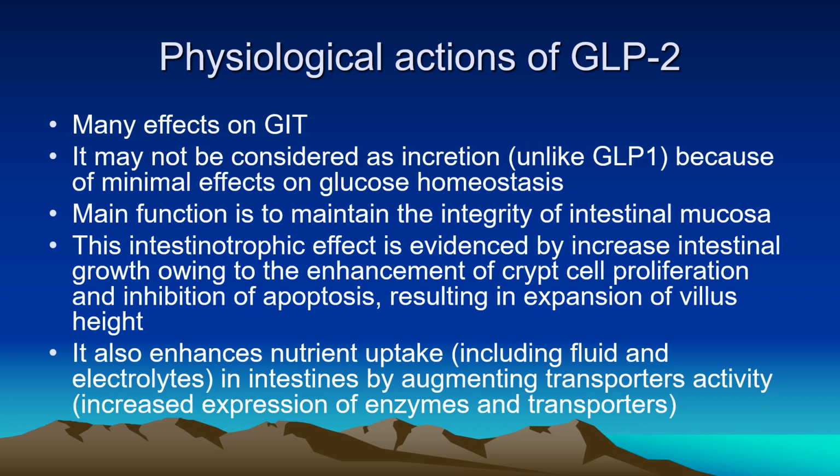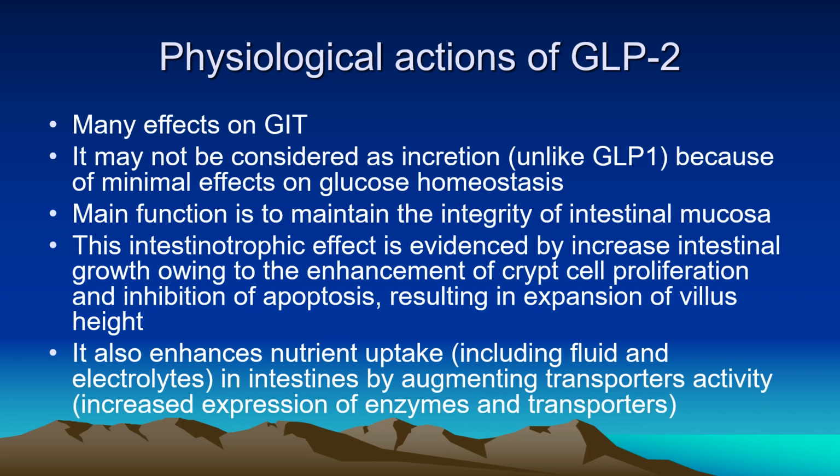Now, physiological actions of GLP-2 have been studied. The main effects are on the GIT, and because their effects are on the GIT rather than glucose regulation, some do not consider it to be an incretin like GLP-1. So it is different than GLP-1 incretin.